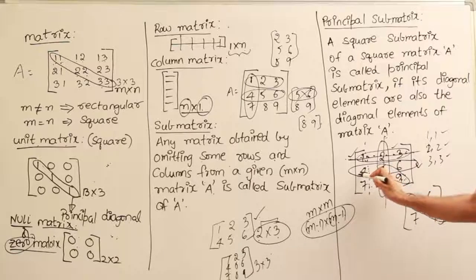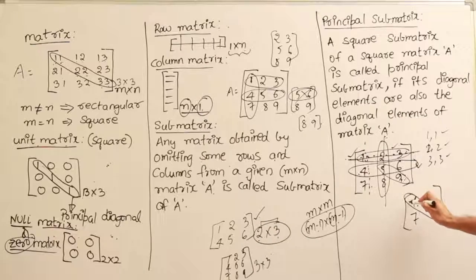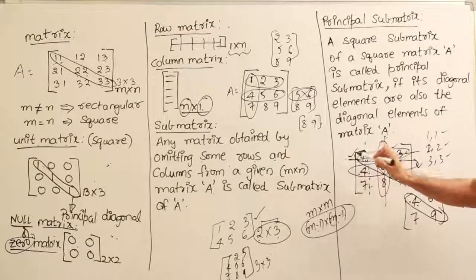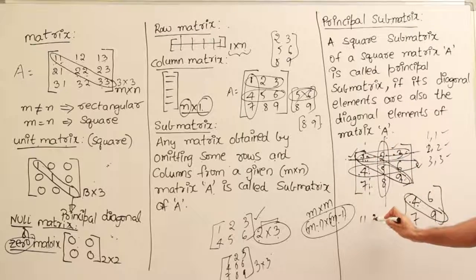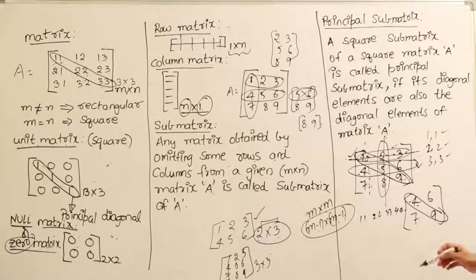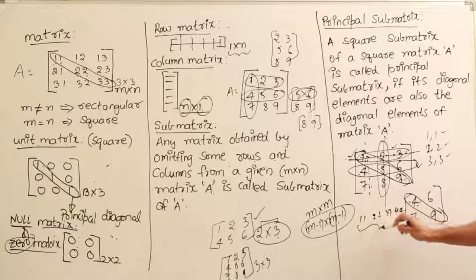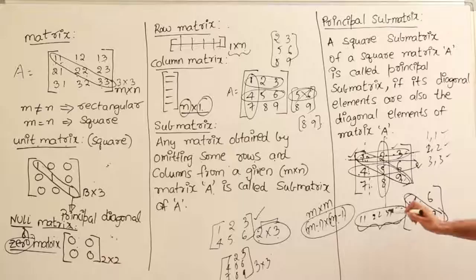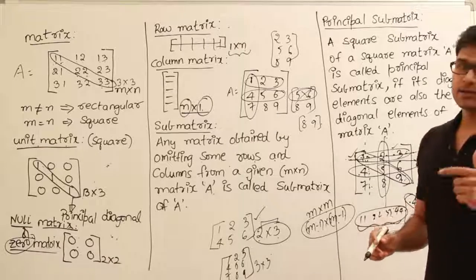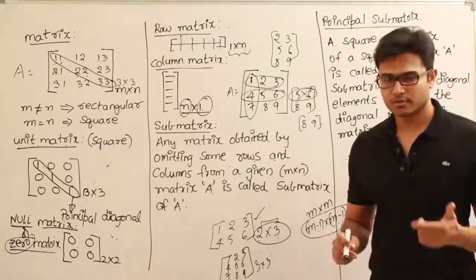Initially this is 2 1, and here it is 2 1, but 2 1 is not present in the original diagonal. If the original matrix contains the elements 1 1, 2 2, 3 3, 4 4 on its diagonal, then the resulting submatrix should also contain a part of these elements as its principal diagonal elements. Only then can we say that the resulting submatrix is a principal submatrix.